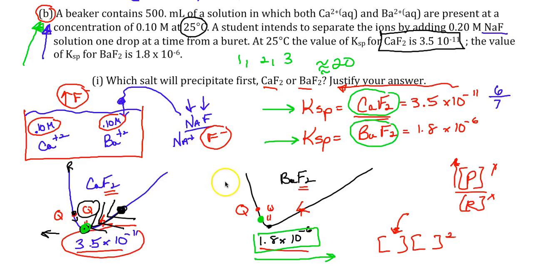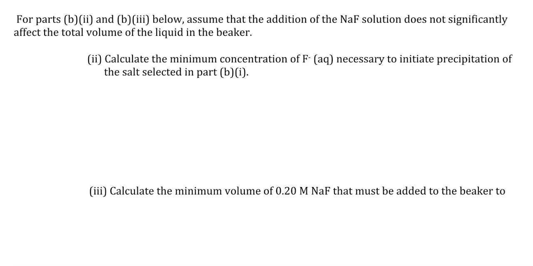Or better yet, let's go in order and go on with BII, Captain. So onward we go with part BII and BIII, Captain. So with BII, calculate the minimum concentration of F negative necessary to initiate the precipitation of the salt selected in part BI.